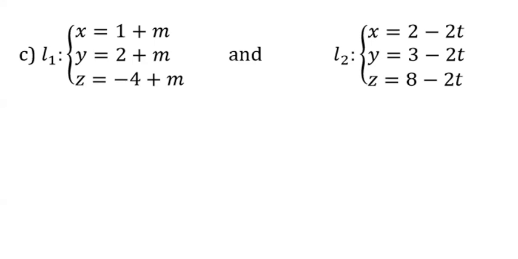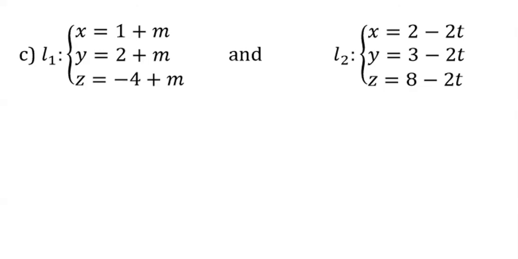Okay, so I'm going to do this quickly. So I get each direction vector, 1, 1, 1, and -2, -2, -2. -2 times direction vector 1 equals direction vector 2. Therefore, L1 and L2 are parallel. But we don't know yet if they're coincident or distinct.